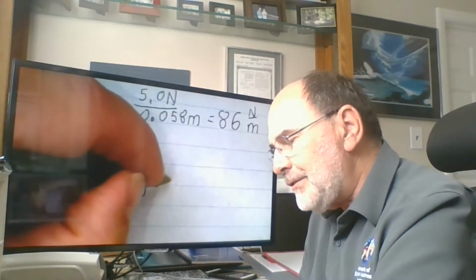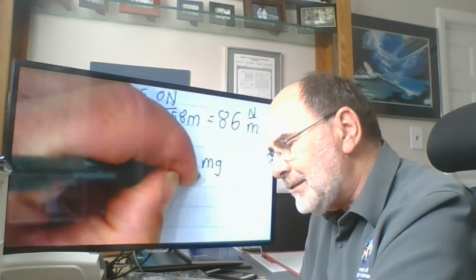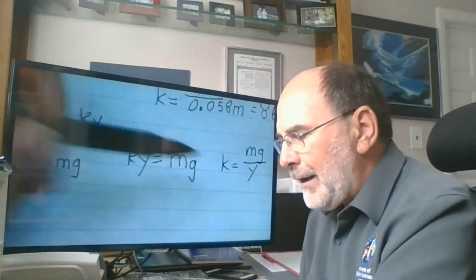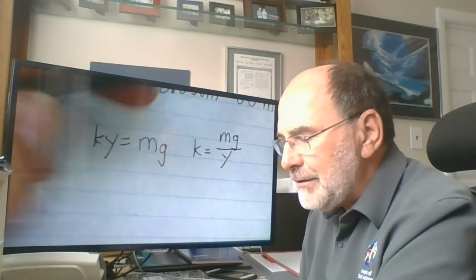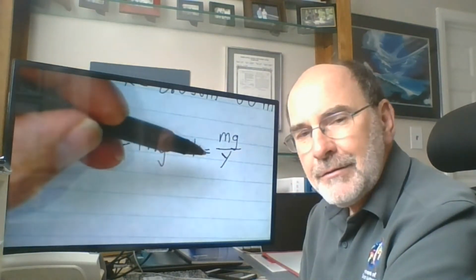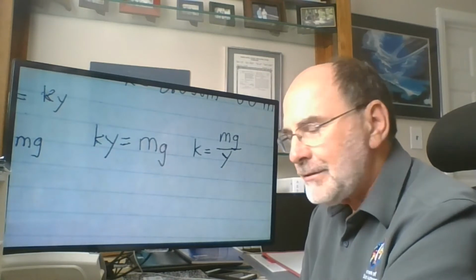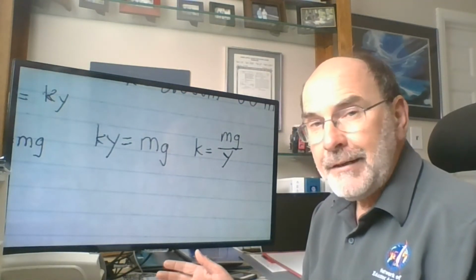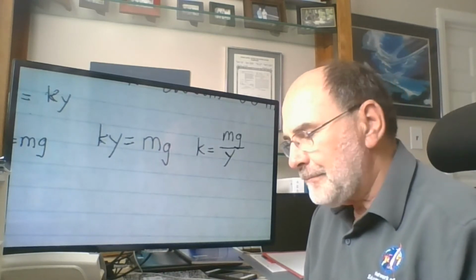And so this allows me to calculate the value of the spring constant if I know the weight of the object that I'm hanging from the spring and if I measure the distance that the spring stretches under that condition. So this is one way to determine the spring constant. If someone hands you a spring and a weight and a ruler and they say, go tell me what the spring constant is, that's how you would get it.